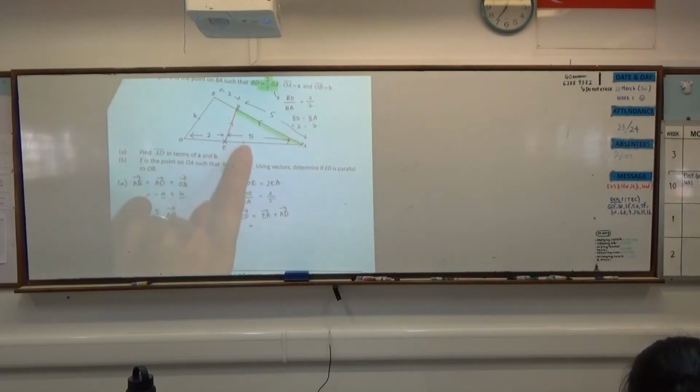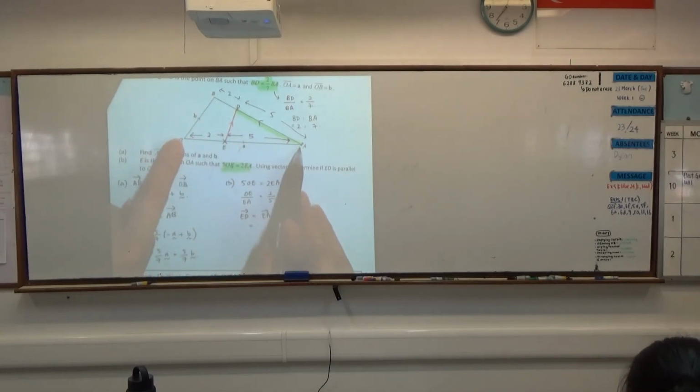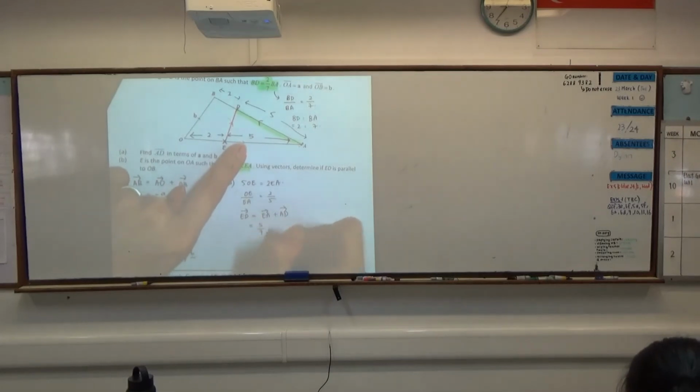EA itself is 5 units out of a total of 7 units of OA. EA is in the same direction as OA, so it is 5/7 of the vector A, plus AD being our negative 5/7A plus 5/7B.